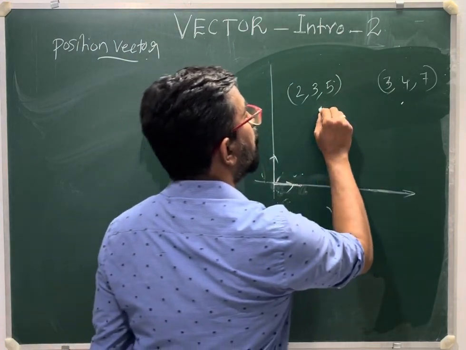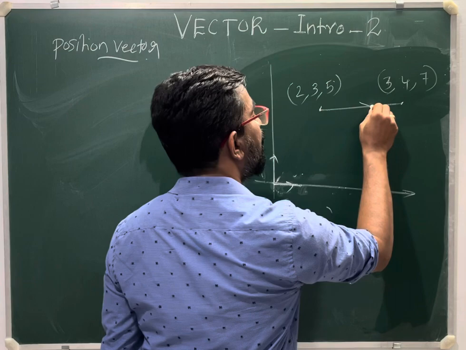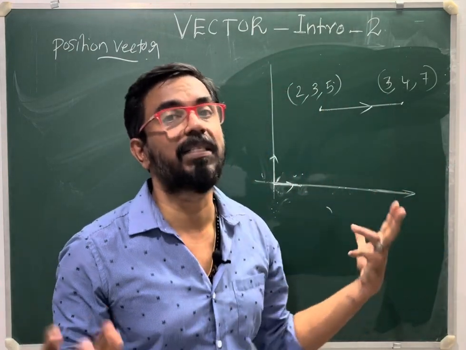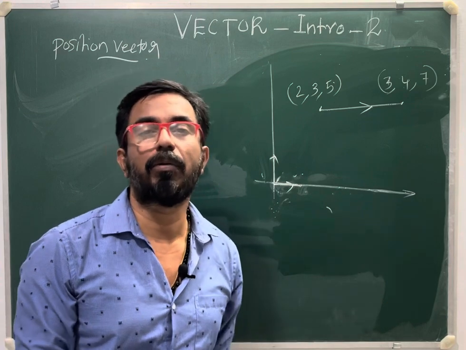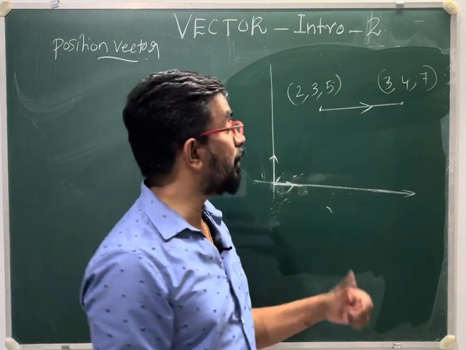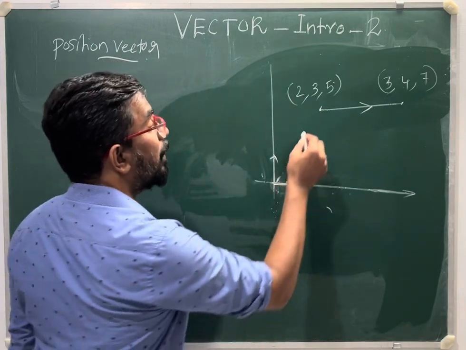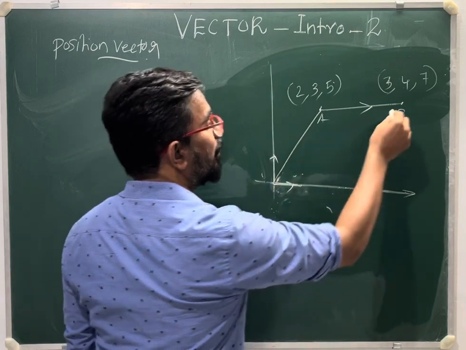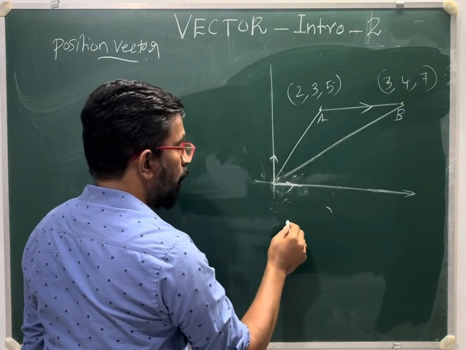How do I call this vector with the help of the components? What are components? i, j, k. With the help of components, how do I mention it? To understand that, you need to remember once again the position vector. Let me name this as AB. What is this? OA, position vector. OB, you know what?